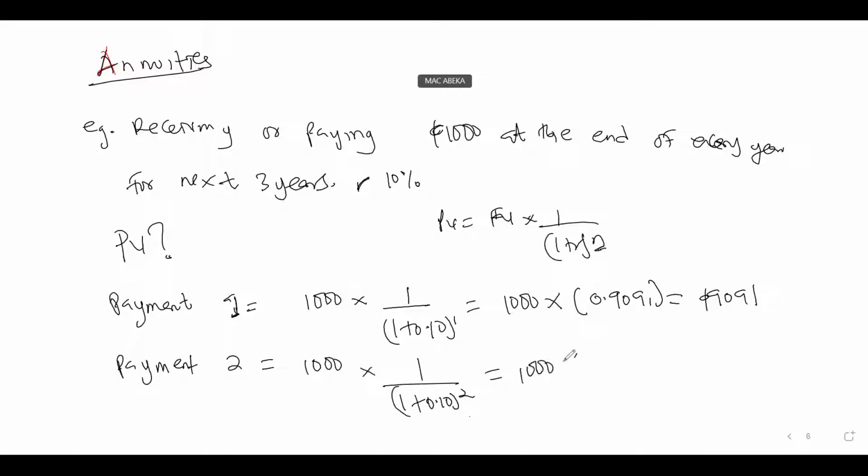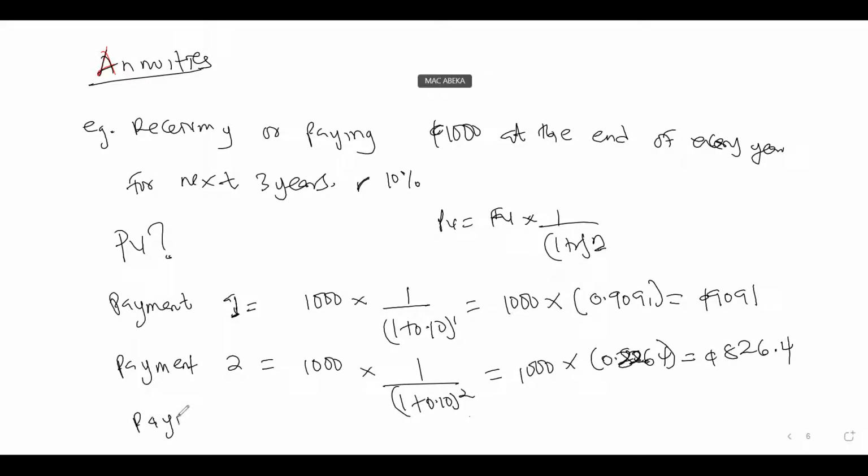So 1,000 times 0.8264. So we have 826.4.